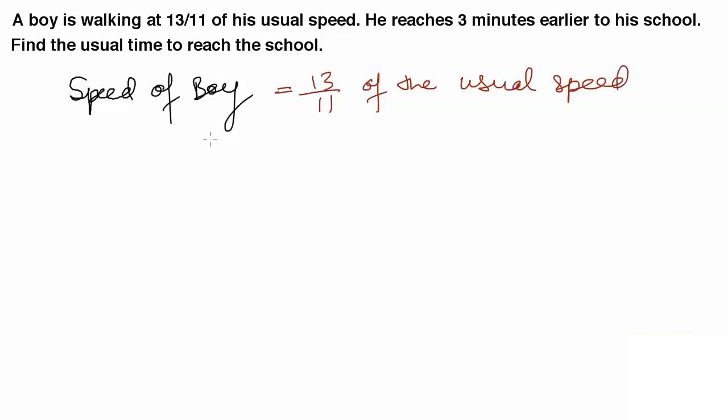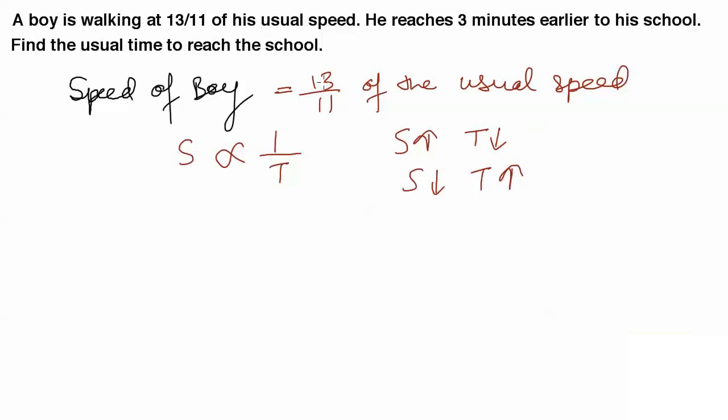As I told you earlier, there is a relationship between speed and the time taken. So speed and time have an inverse relationship. So if the speed increases, time taken decreases, and if the speed decreases, the time taken increases. So there is an inverse relationship.